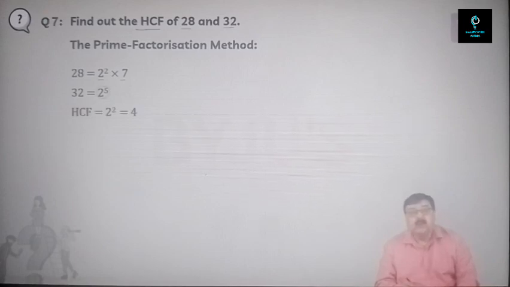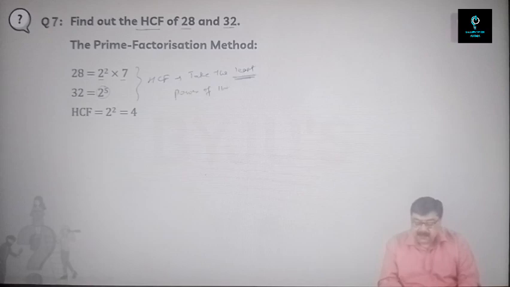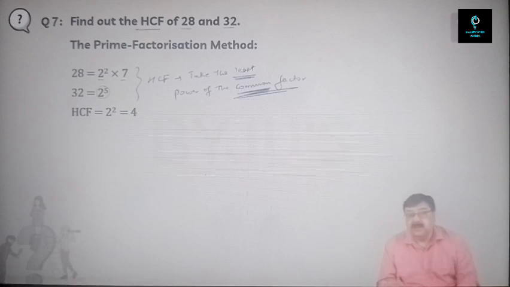So when you try to find out the HCF of these two numbers, take the least power of the common factor. Now the factor needs to be common. In case of LCM, we considered each and every prime factor, even if it has power 1.